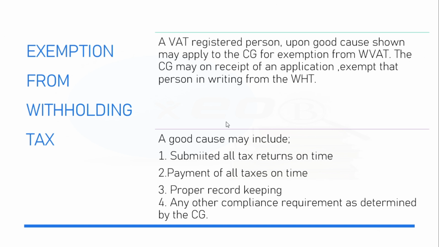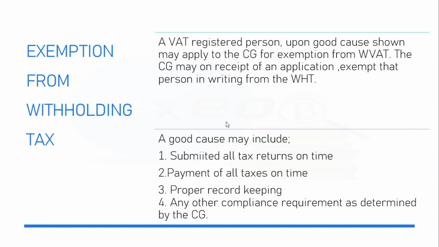So if you are a withholdee, you can apply to the Commissioner General that you want to be exempted from VAT withholding. Based on the good cause you've shown, the Commissioner General may accept or reject your application. When they accept, they'll issue an exemption certificate to you, which you attach to your invoices when you are supplying to these VAT withholding agents.